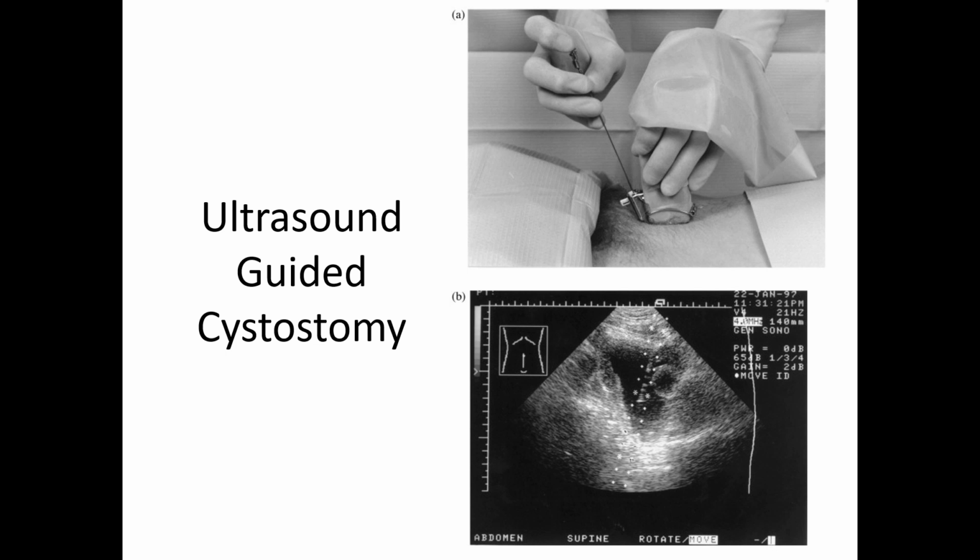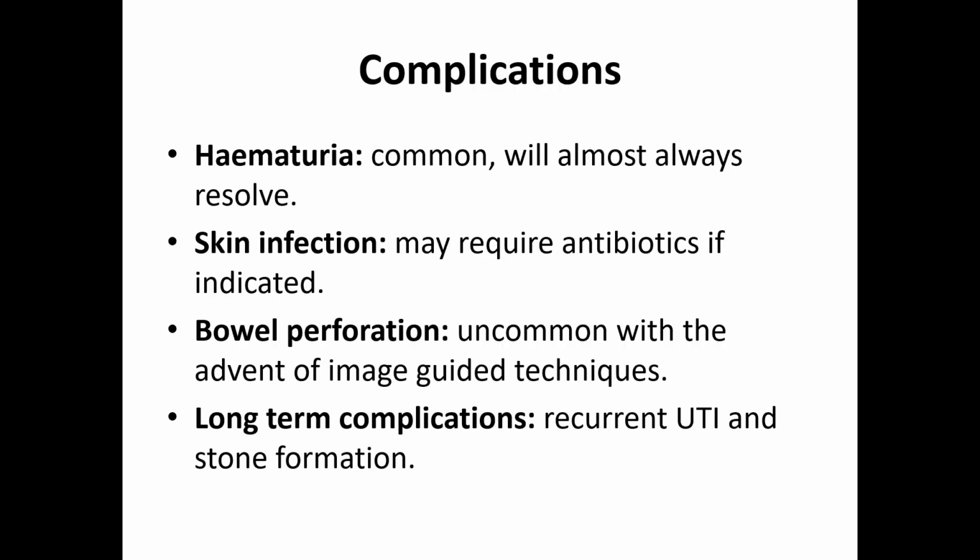B is the ultrasound picture showing the needle inside the bladder, and the urine is dark in color, and surrounding structures are gray in color.